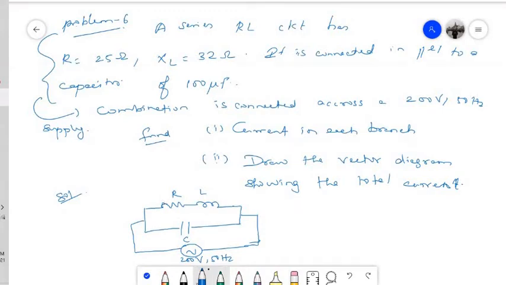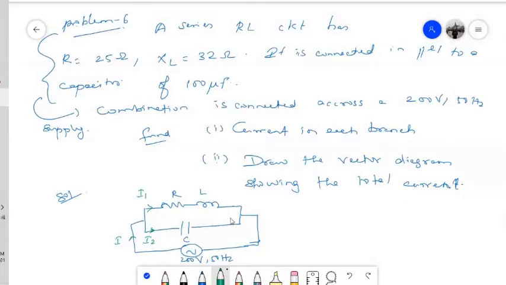Let us say that the current I1 flows through this branch and the current I2 flows through the branch containing the capacitor. So this will be the current I which gets divided here into I1 and I2.